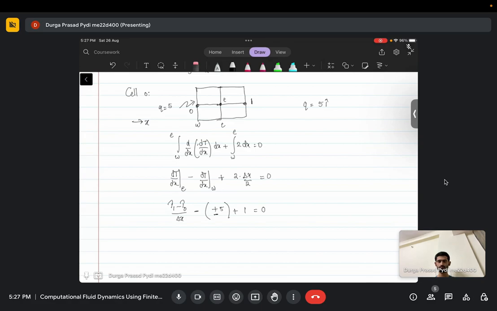Well, the normal is that way, right? So it has to be minus 5. So you are saying this will be minus 5? Yeah, because the flux is in the positive direction.